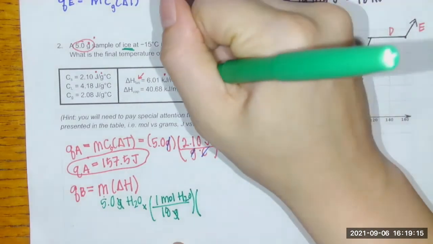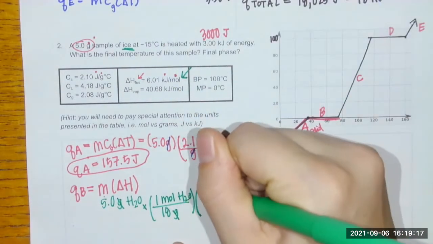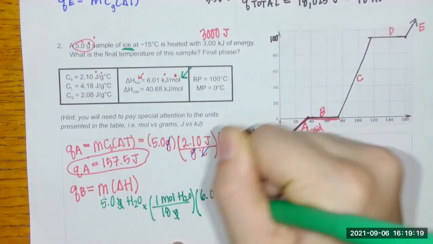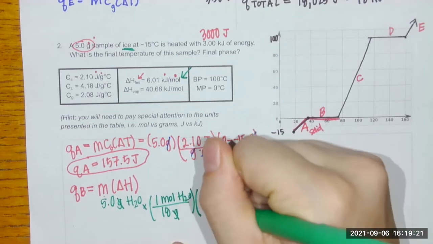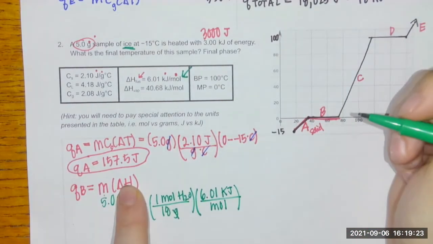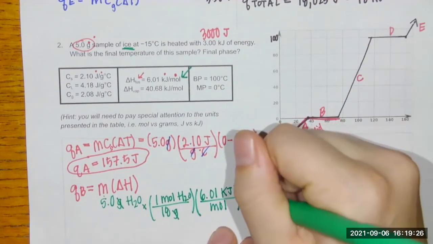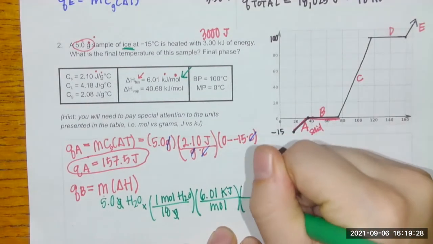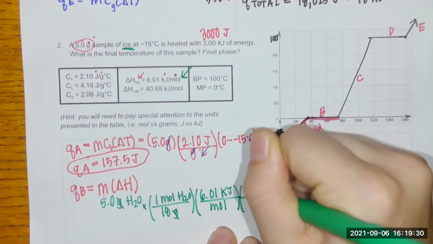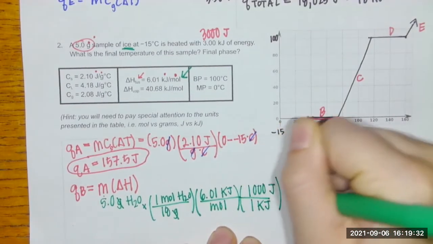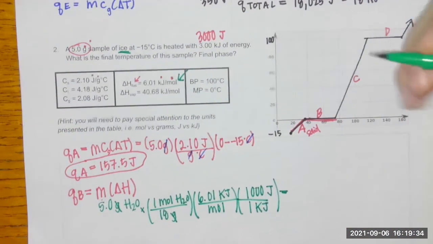And now I can plug in that it's 6.01 kilojoules per mole for my delta H. And let's get rid of kilojoules and just see how many joules this is going to cost.